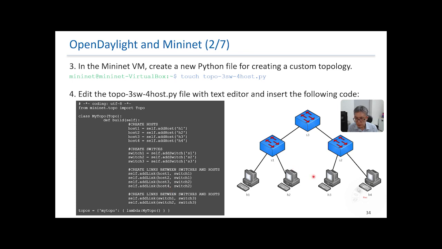Finally, host 4 and S2 are connected. And then create links between switches: switch 1 and switch 3, switch 2 and switch 3. And the topos dictionary with the lambda, this command is executed.